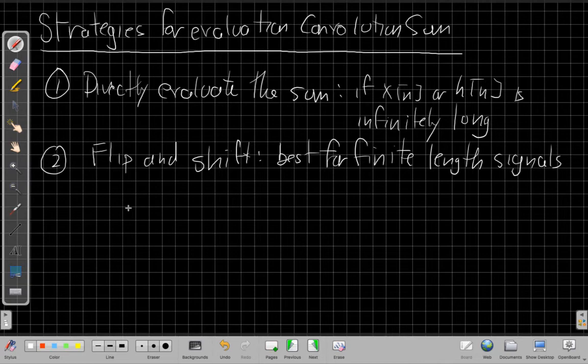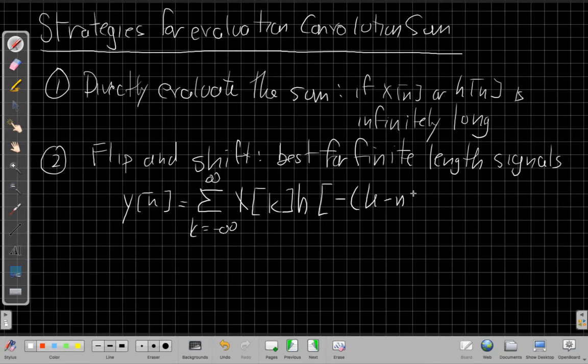If we think of the convolution sum, we have x of k times h of n minus k, but we saw earlier in the semester I could also write that as k minus n. So to find the output at some time, say n equals 17, I write x out as a function of k, and then I take h and flip it, then delay by 17. We saw that this n minus k thing is like a flip.